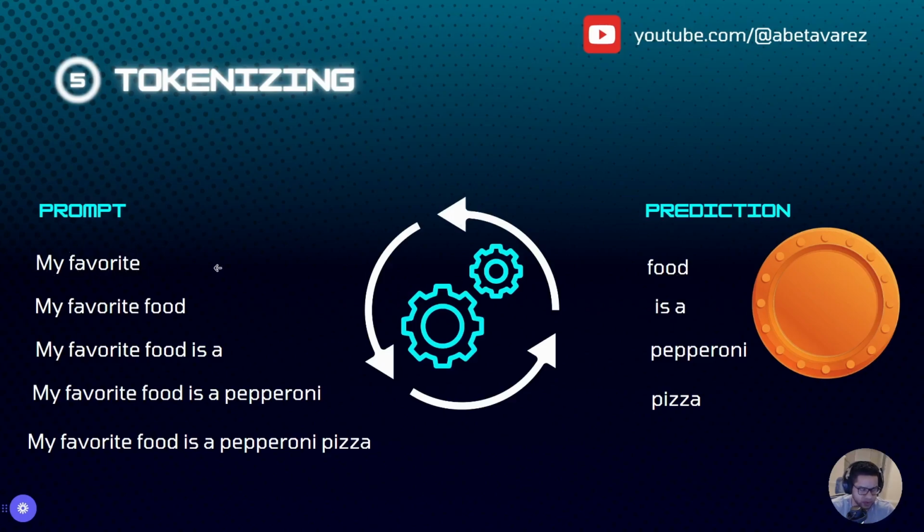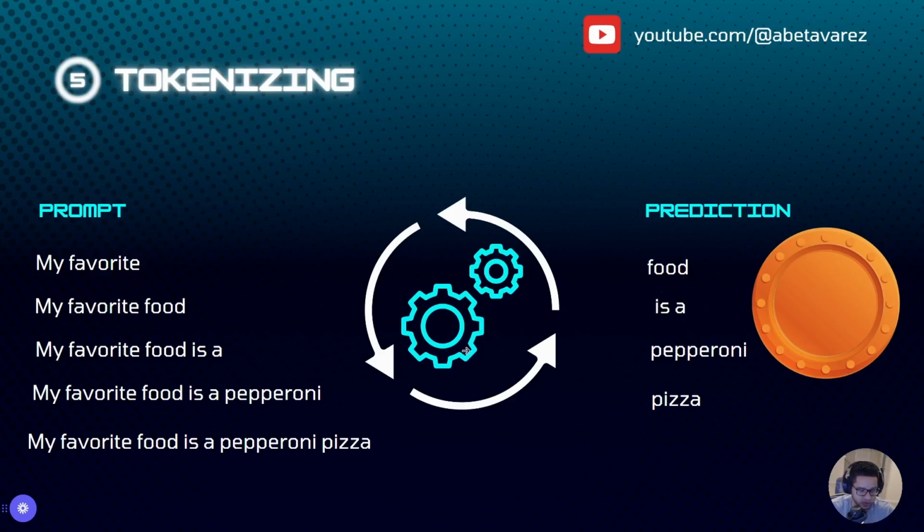So you can say my favorite, and it predicts that the next word could be food, and it will generate this and add it to the end of your prompt, and then it's going to run that again, and see what's the most probable next set of characters or words. So it predicts that after my favorite food is going to be is a, and it's going to add this to the prompt here.